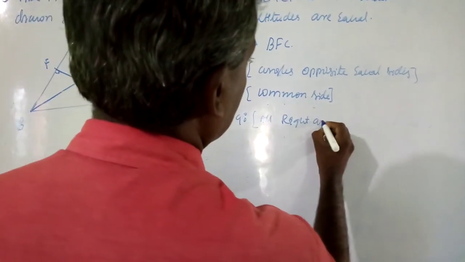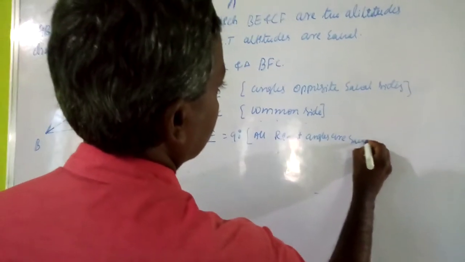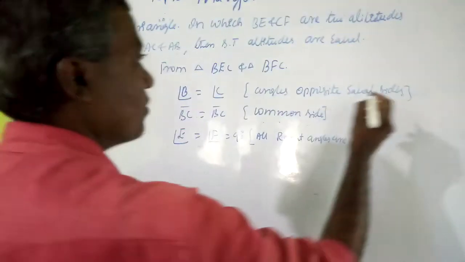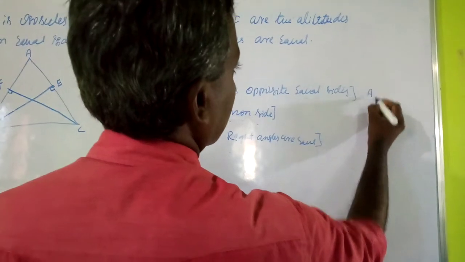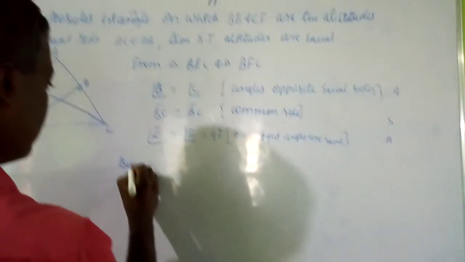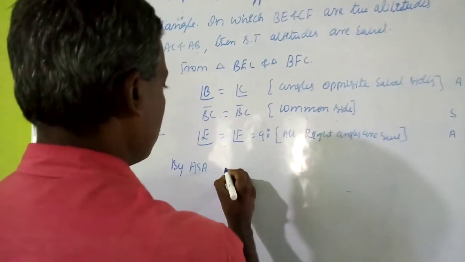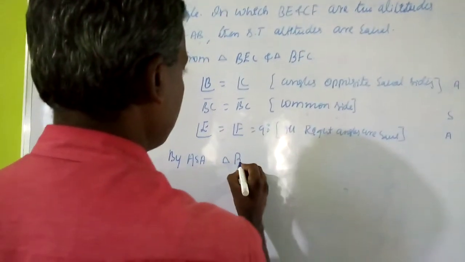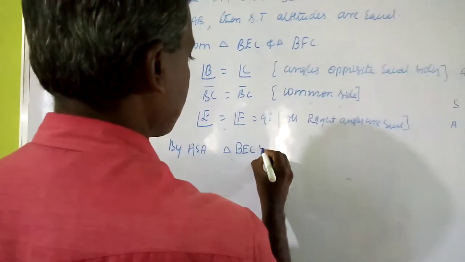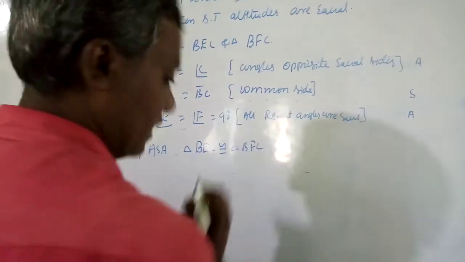Okay, so from this, this is angle, this is side, this is angle, by ASA congruence rule, triangle BEC is congruent to triangle BFC, right?